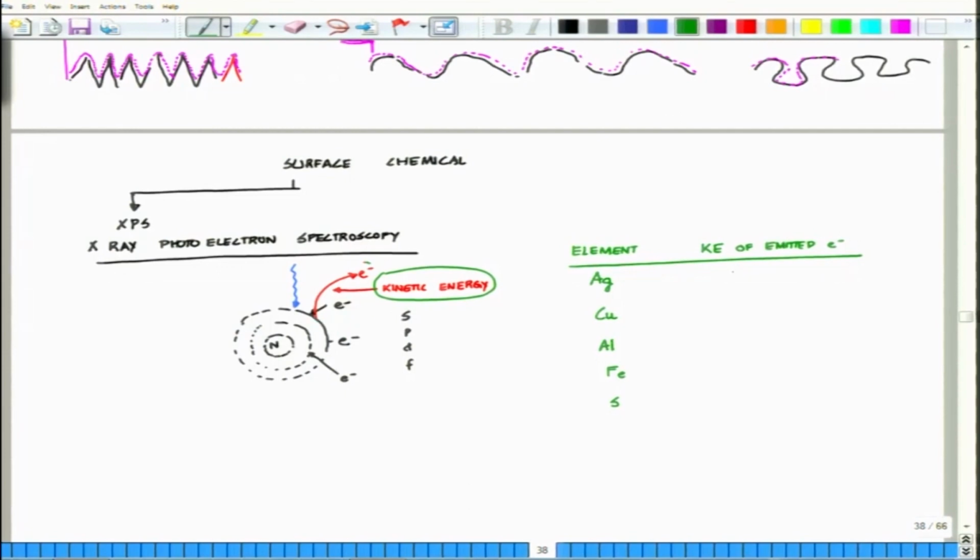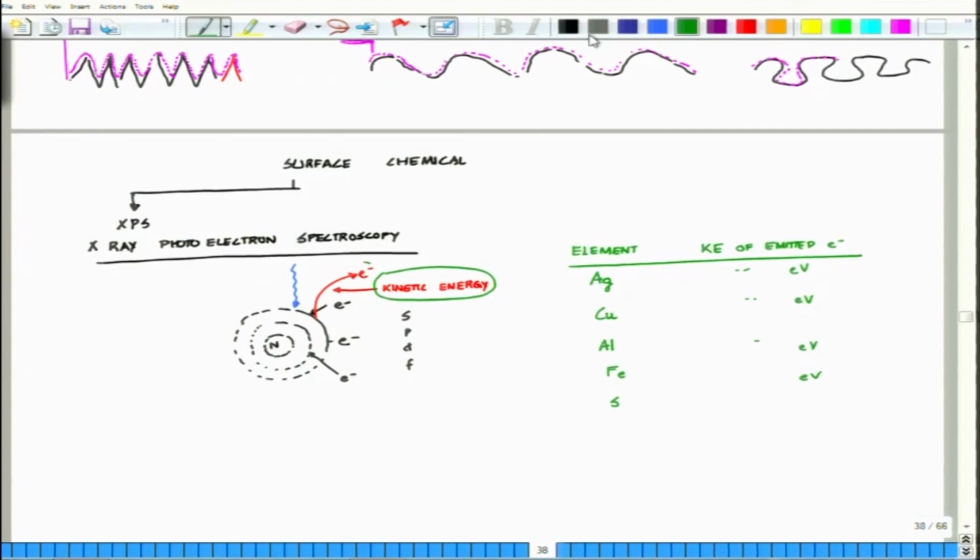So with what energy that electron is going to come out, in electron volts, for some amount of energy introduced.